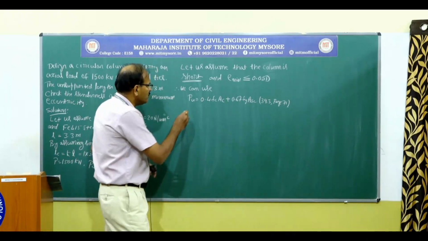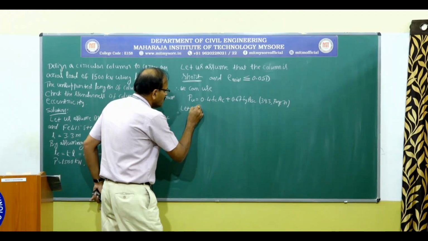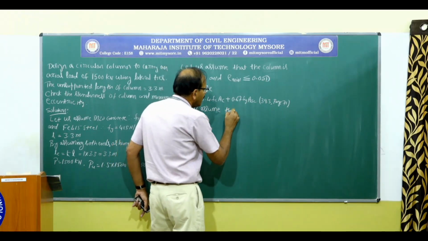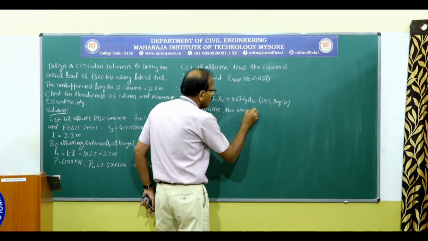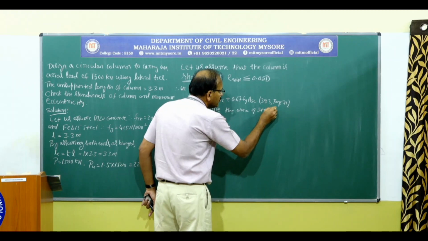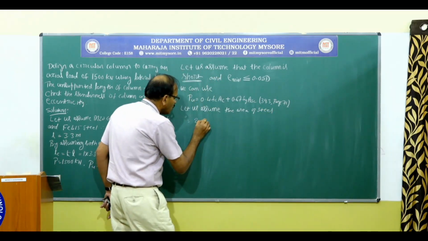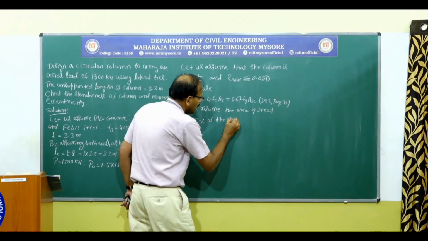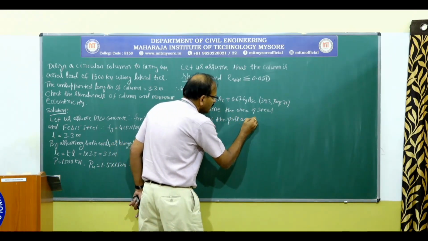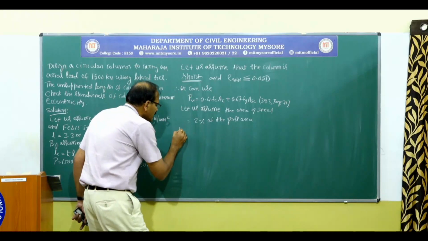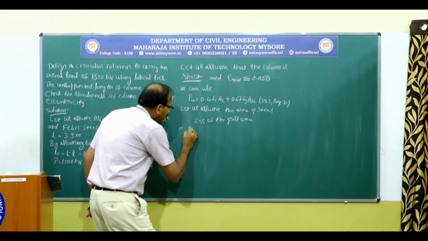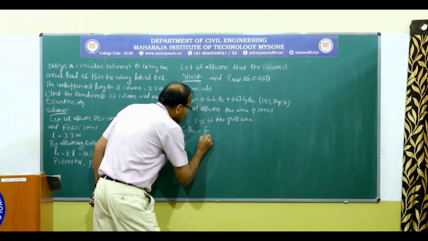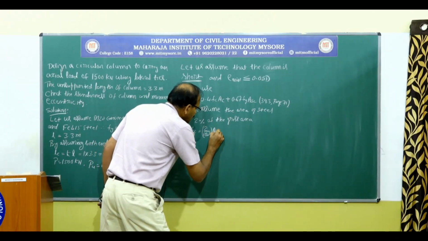So let us assume the area of steel, that is area of compression steel, equal to 2% of the gross area.